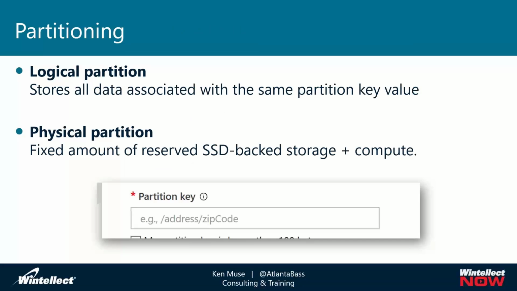Now, why is this? Because under the covers, a logical partition is going to be associating all of the data together that shares the same partition key. And it's going to begin assigning that to physical partitions. So a single partition key is guaranteed to be stored on one and only one physical partition. A physical partition has a reserved amount of compute and storage, and so it can quickly scan everything that it holds within that singular partition.